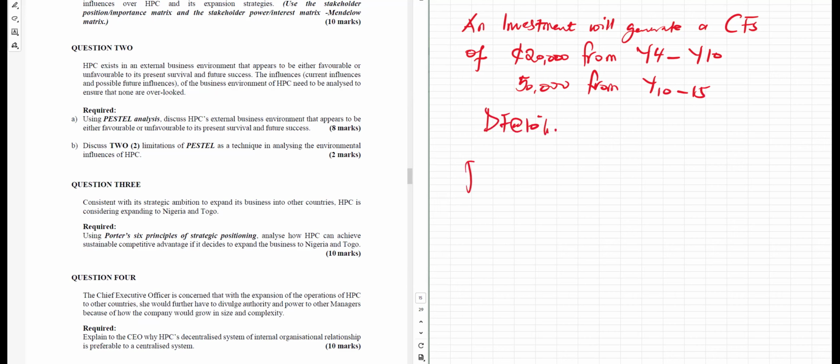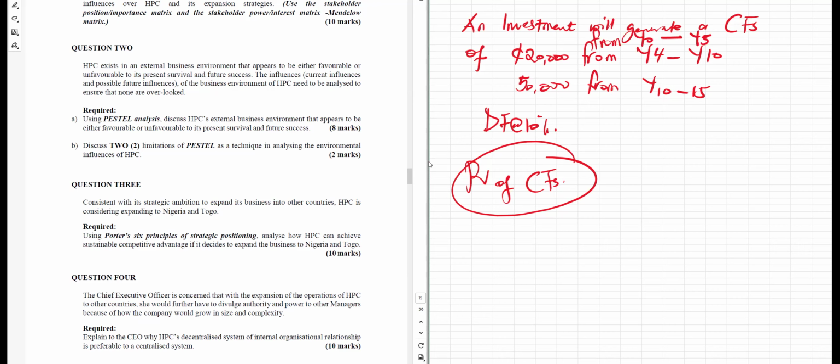Okay, so with this one, what are we seeing? And then another cash flow from year 0 to year 5, 30,000. The one that comes from year 0 to year 5, it means it's an annuity in what?